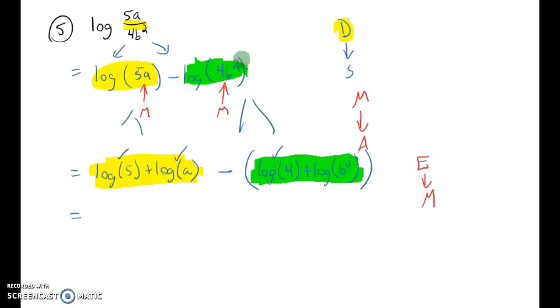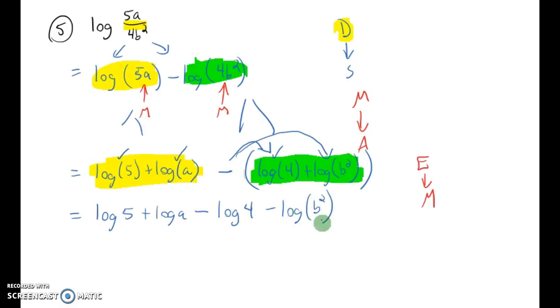Okay, but before I do that, let's go ahead and get rid of all the unnecessary parentheses. So I've got log of 5 plus log of a. To get rid of these big parentheses here, my negative will distribute to the first log and the second log. So I'll have minus log of 4 minus log of b squared.